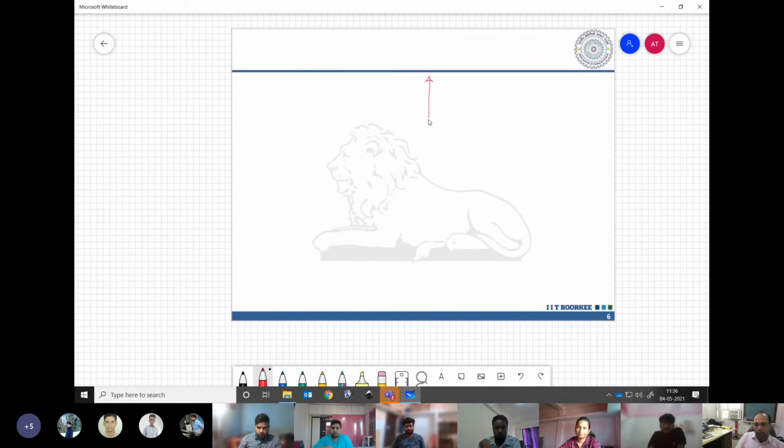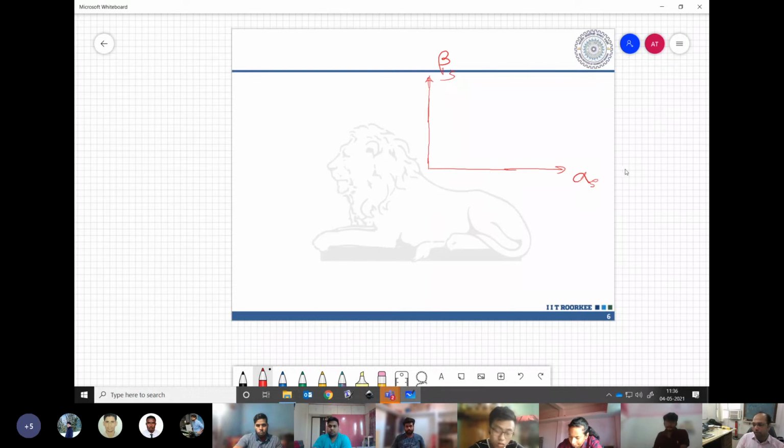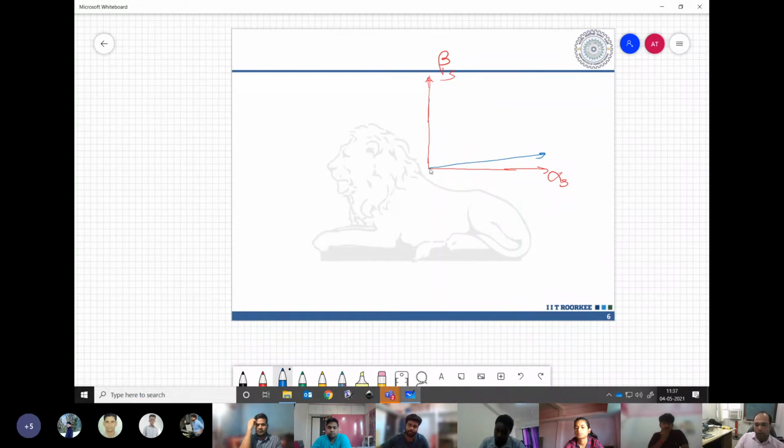The first reference frame is my stator reference frame, alpha S, beta S. Any problem in that? The second reference frame is my rotor reference frame, which is alpha R, beta R. Any problem in that?